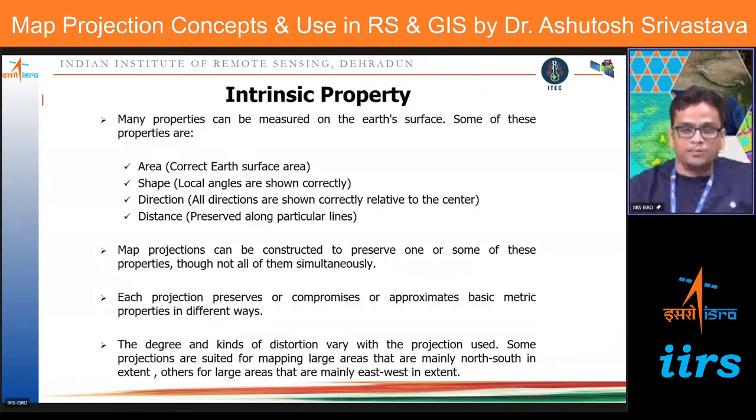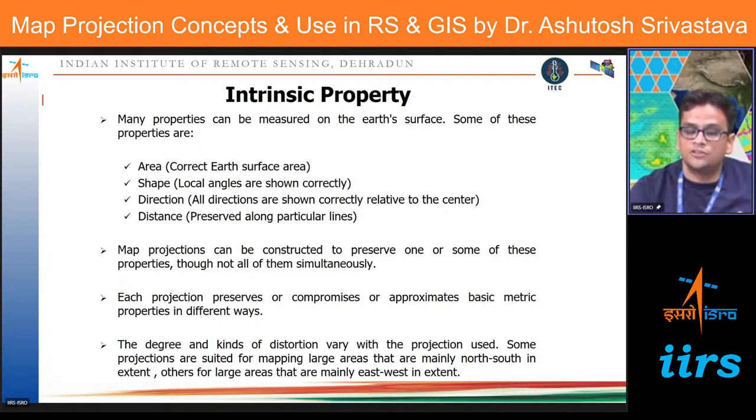So many properties can be measured on the Earth's surface. Some of these properties are area, shape, directions, and distance. Map projections can be constructed to preserve one or some of these properties, though not all of them simultaneously. Each projection preserves, compromises, or approximates basic metric properties in different ways. The degree and kind of distortion vary with the projection used.